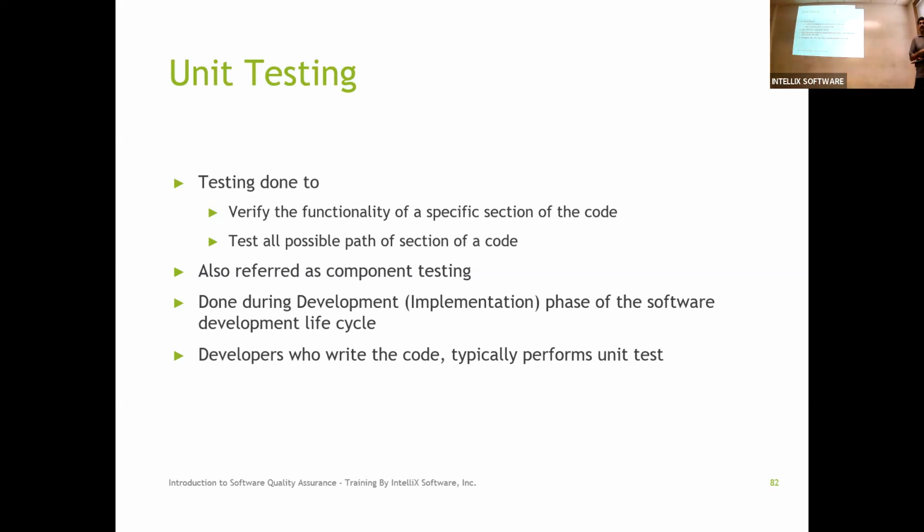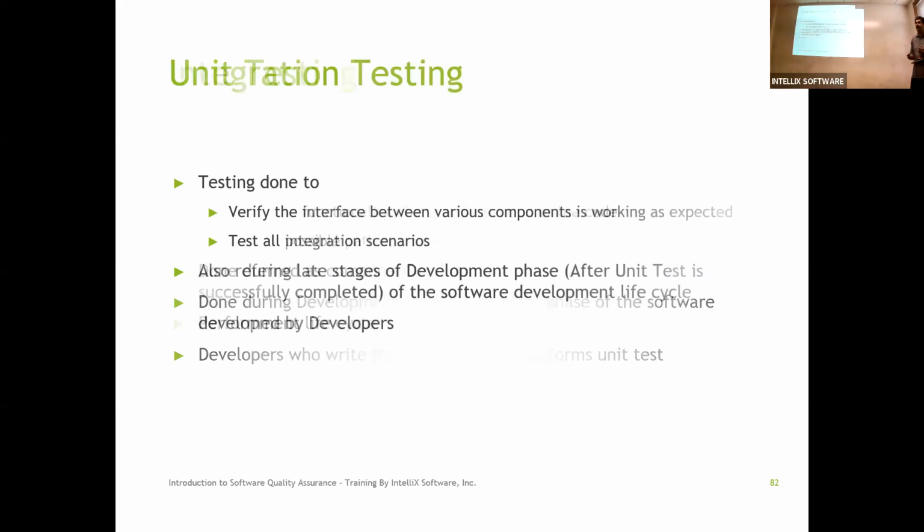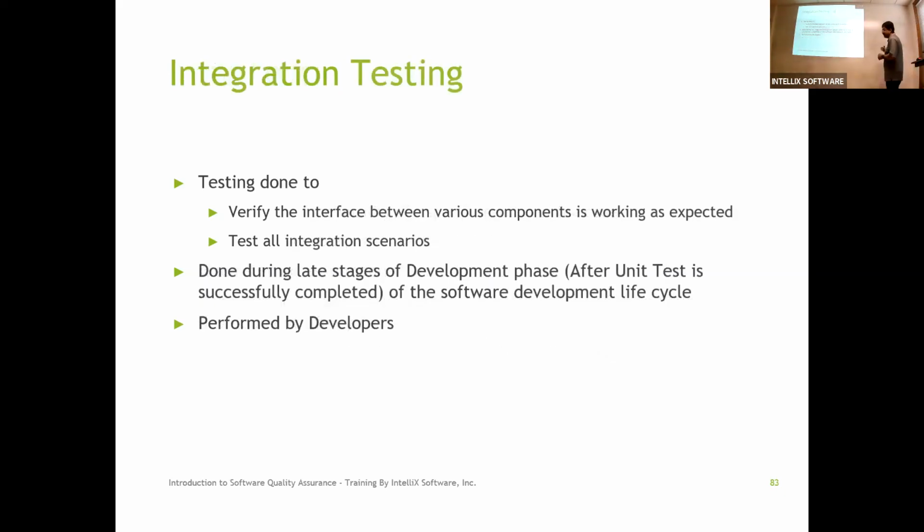It happens way early in the development life cycle, typically done by a developer. So you, as a quality assurance person or tester, don't get involved in that. Typically, the people who write the code are the ones who write the unit test for it.